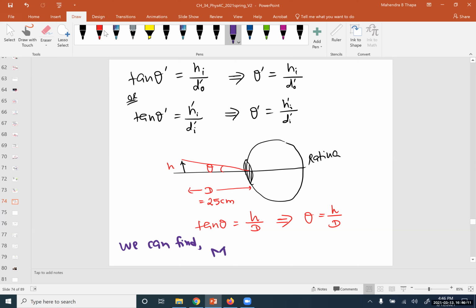This m is the angular magnification, using theta prime over theta. Okay. This is all about the microscope, but we use two lenses, so it is called the compound microscope.